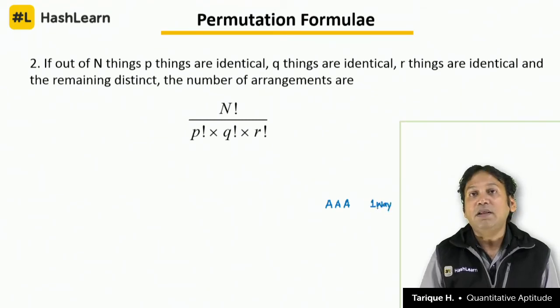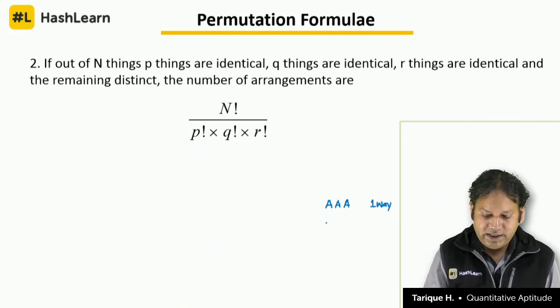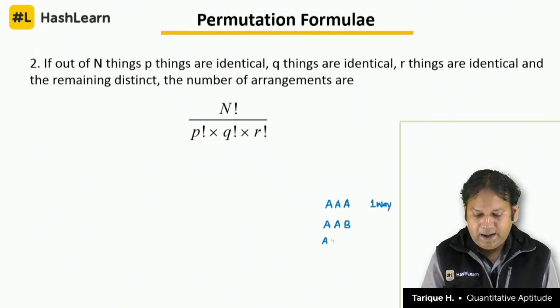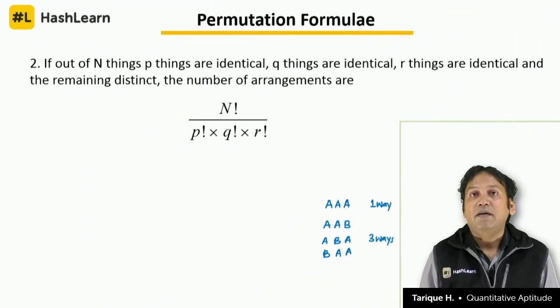But what if all things are not identical? Let us say 2 are identical, 2 A's and 1 B. In how many ways we can arrange this? We can say A A B, or we can say A B A, or we can say B A A. So, we are getting 3 arrangements, 3 ways, not 1, we are getting 3.